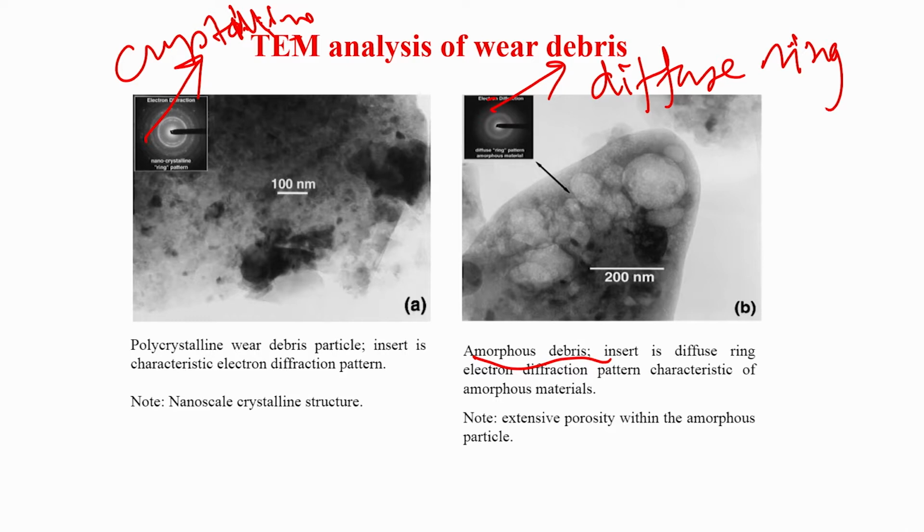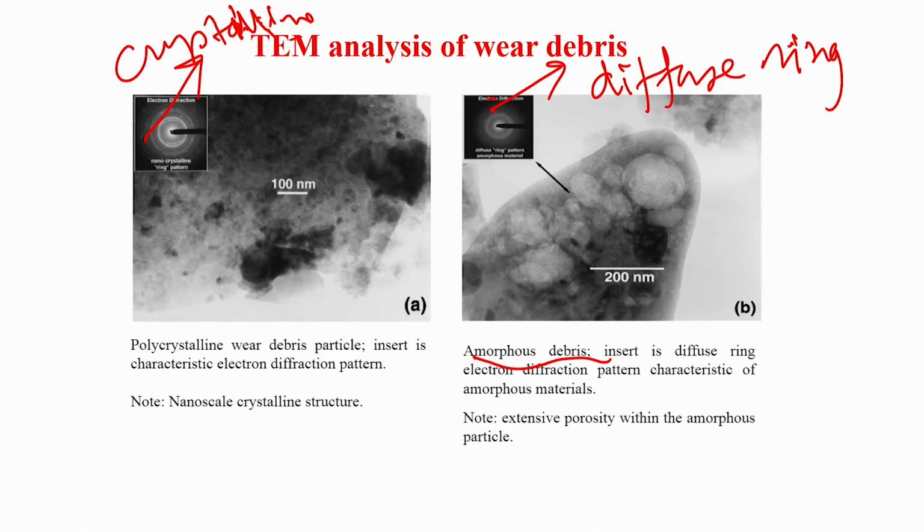Now, if the debris particles are crystalline, which is the case for many of the three-body wear situations, then they can contribute to further wear, depending on the hardness difference between the debris particles and one of the mating solids. It will cause wear of the softer of the mating solids.